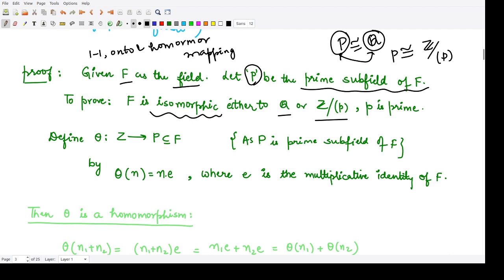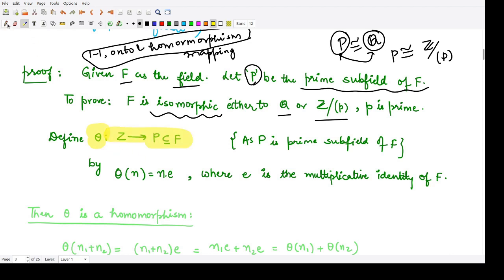If all these three conditions are satisfied by that particular mapping, we will say our fields are isomorphic to each other. So for that, we are defining this mapping by the symbol theta. This is defined from Z to P.